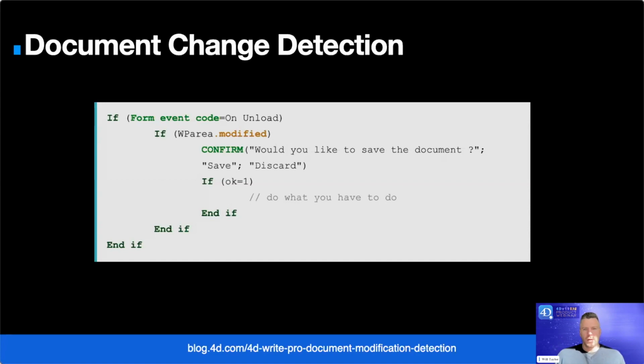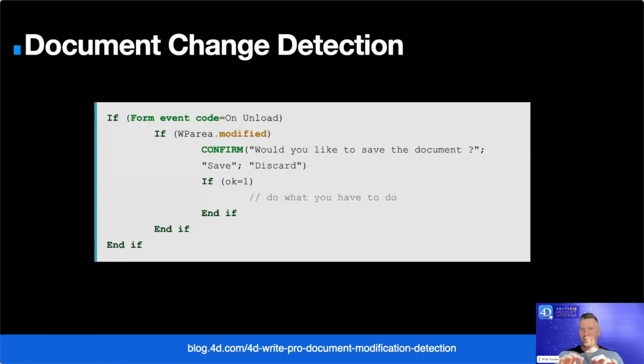So the way that it's being viewed is not going to be a modification, but changing the text, orientation, things like that will cause the modification tag to be flagged. And once set to true by 4D Write Pro, this property is never automatically set back to false, even if there's an undo or an export action executed.